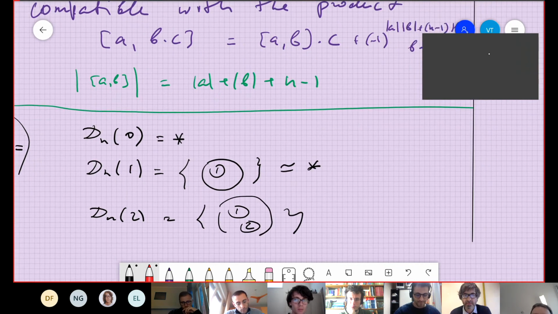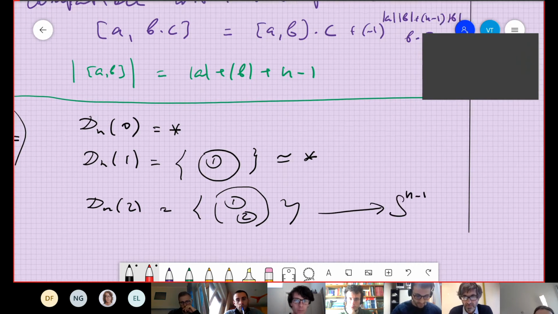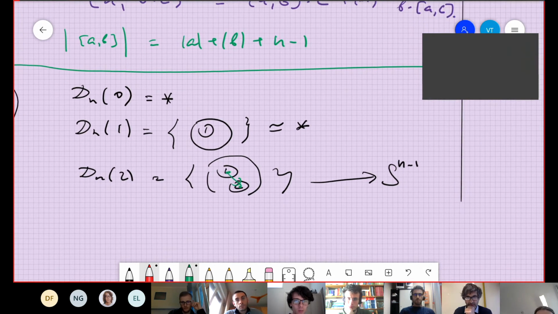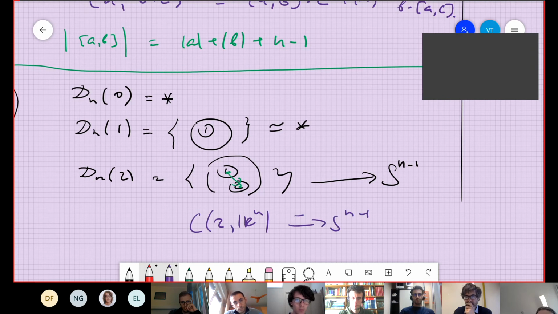There exists a natural projection of this space to S^(n-1). We look at the centers of disks 1 and 2, and look at the direction between 1 and 2, right? So you might have seen the map. There is a natural map from configurations of 2 points in R^n to S^(n-1), which is a homotopy equivalence.